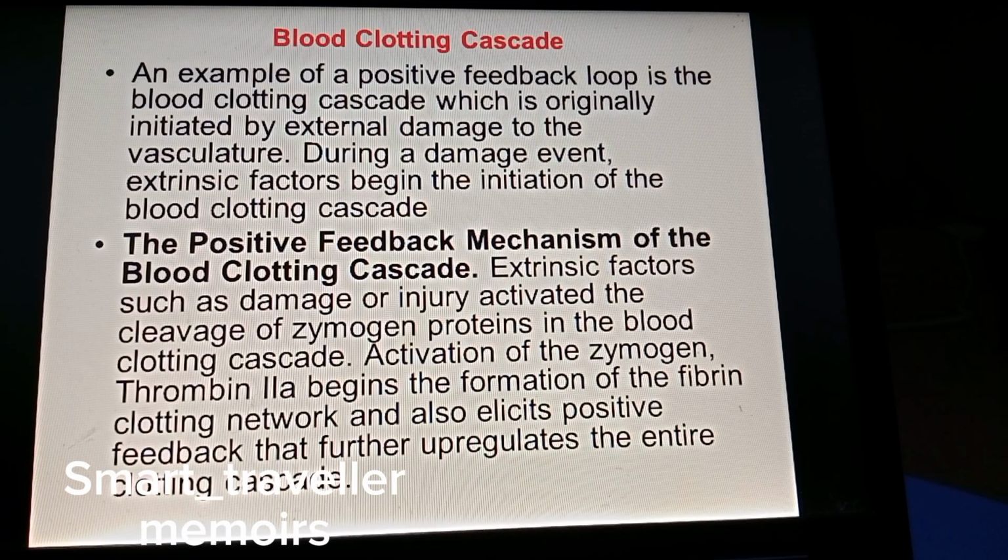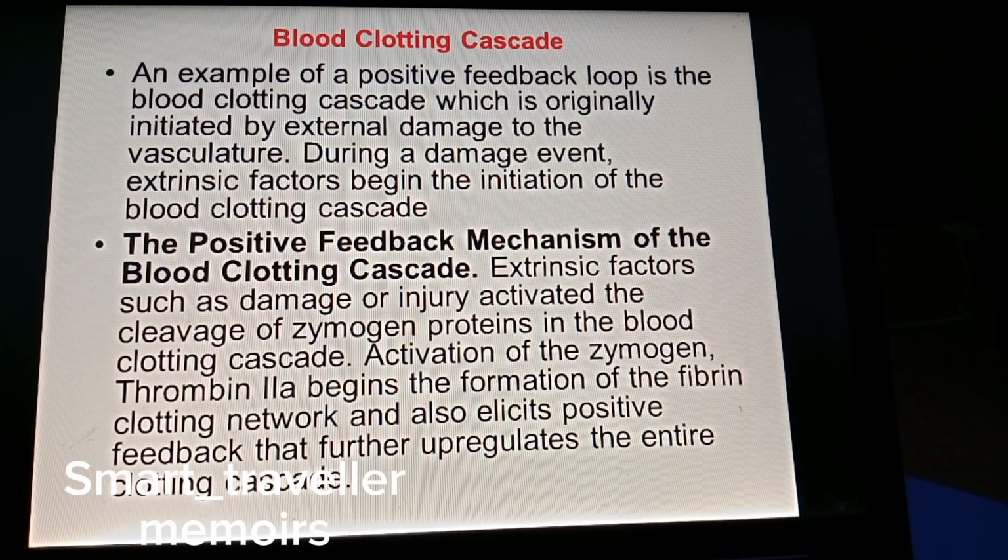Blood clotting cascade. An example of a positive feedback loop is the blood clotting cascade, which is originally initiated by external damage to the vasculature. During a damage event, extrinsic factors begin the initiation of the blood clotting process.